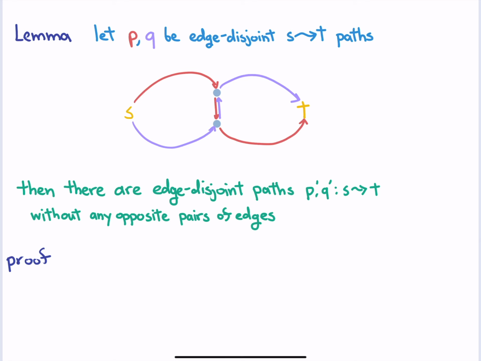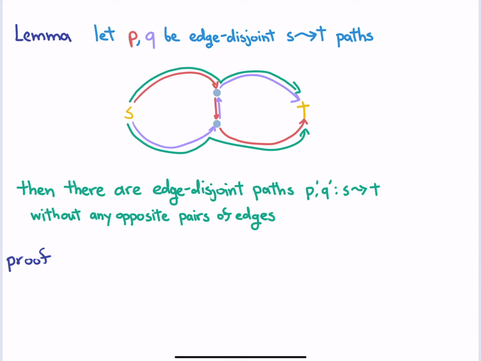So in this caricature of a picture, one path is like, here's one, and here's the other. That gives you two edge disjoint paths contained in the union of the two original paths. But these two edge disjoint paths don't even have any opposite direction edges.